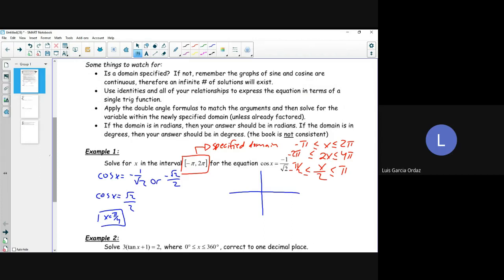So in quadrants 2 and 3, cos x is negative.